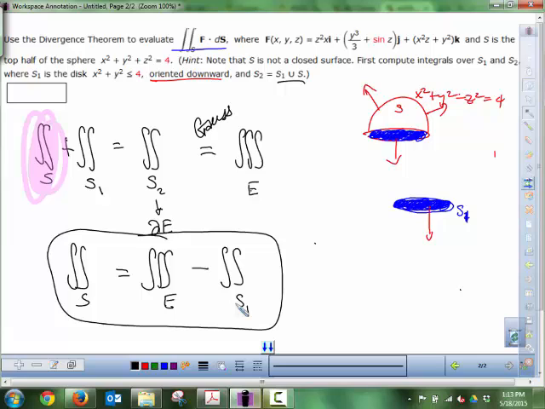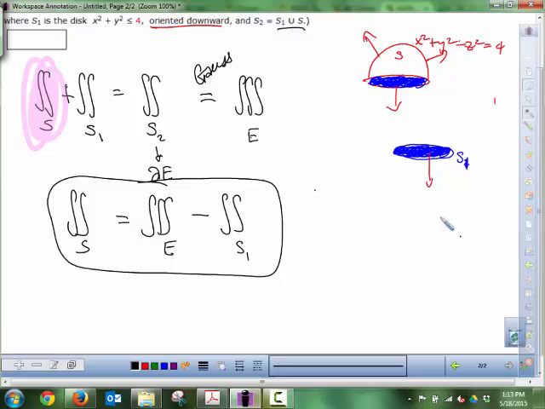I don't know if it's worth going through the process of seeing how difficult it is to go through this directly. But if you want to try, you can go ahead. So I'll just compute the right-hand side, which means doing the flux integral of the surface should be easy. Let's see how easy that is. Let's do that one first.